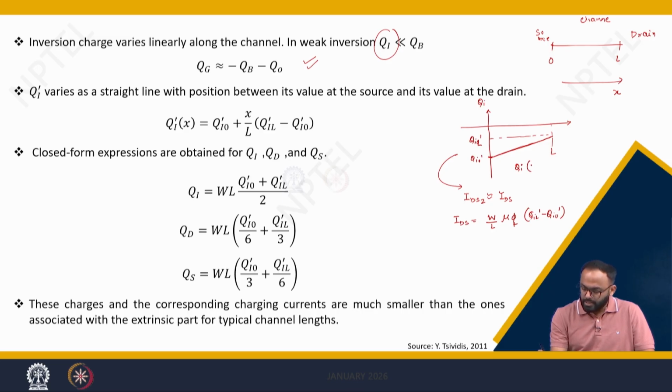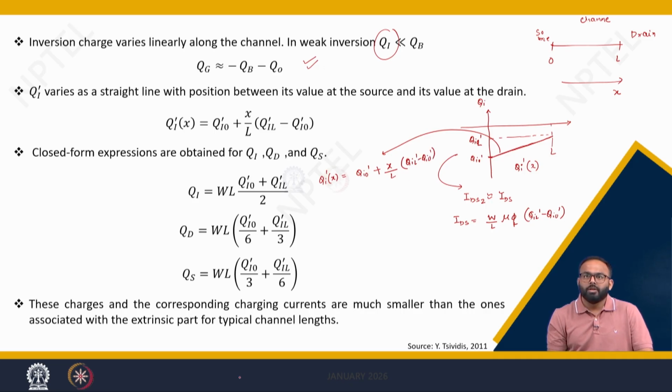So QI is a function of x, and hence we can rewrite the line equation as QI'(x) is QI0' plus x divided by L into QIL' minus QI0'. You can do a quick check. If you put x equals L, at the drain side, you will get QI0' plus QIL' minus QI0', so you get QIL' at the drain side. This shows that your inversion charge varies linearly.